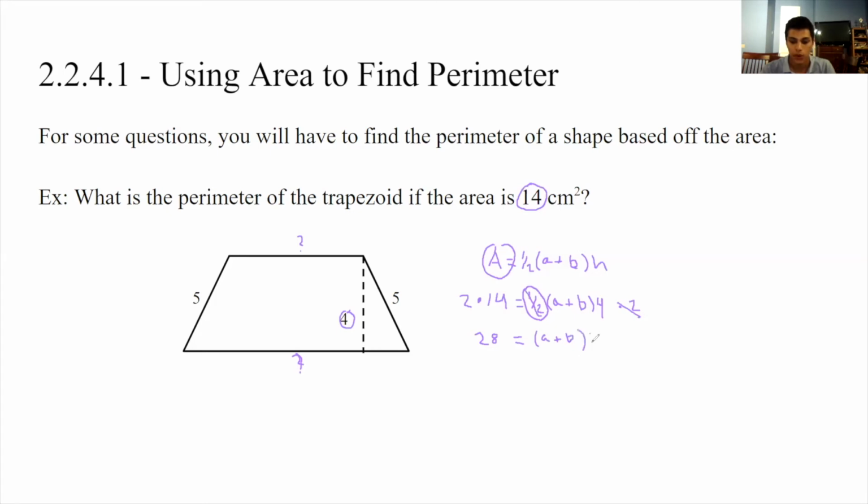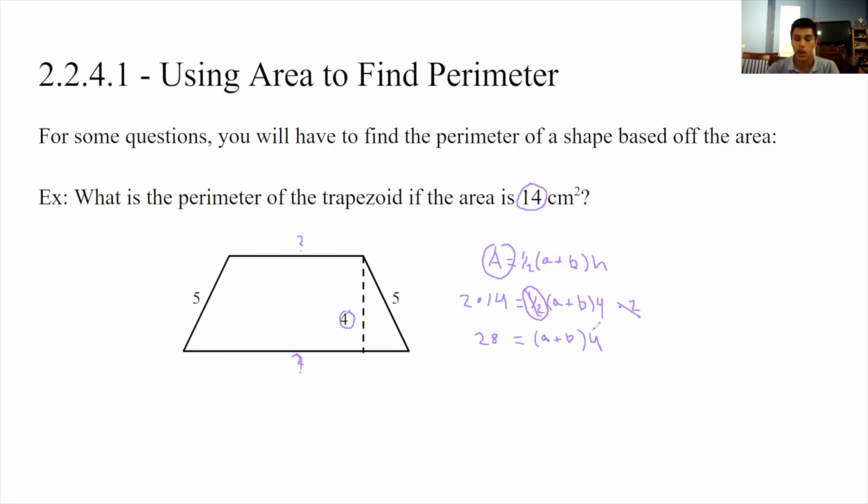times 4. So now, in order to get A plus B on its own, and the reason you can do this is because this is in parentheses, which means imagine that A plus B is just some number. You always have to do this first, which means you can regard it as one singular number that you're dealing with, like one variable essentially. So you need to divide by 4 because you need to get rid of this multiply by 4.